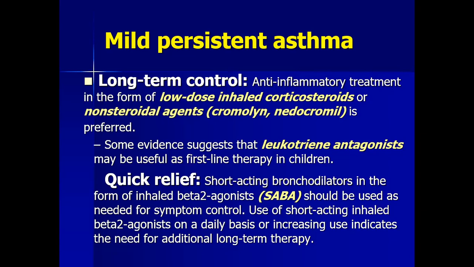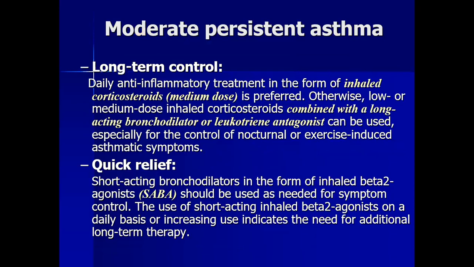Quick relief: short-acting bronchodilators in the form of inhaled beta-2 agonists, SABA, should be used as needed for symptom control. Use of short-acting inhaled beta-2 agonists on a daily basis or increasing use indicates the need for additional long-term therapy.